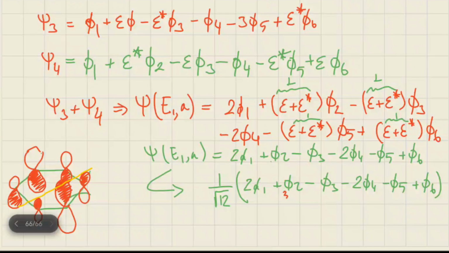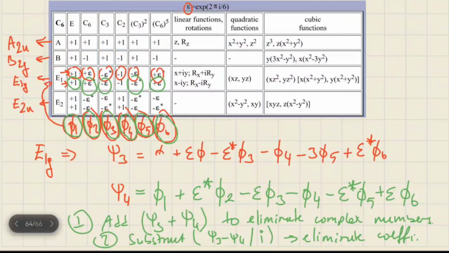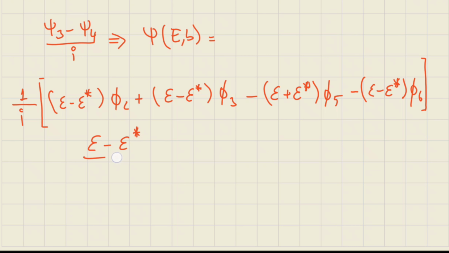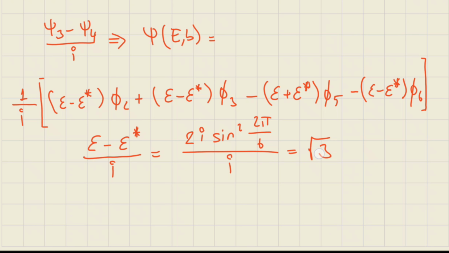So in this case, I will subtract phi 3 and 4, these two wave functions, and I will divide by I. Epsilon minus epsilon star over I is equal to 2I sin square 2 pi over 6 over I, and it is equal to square root of 3.